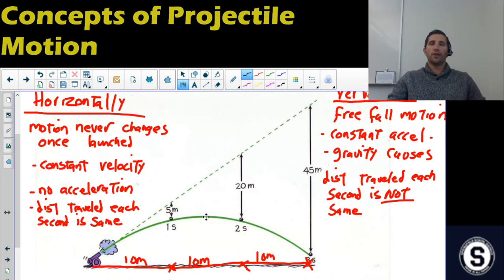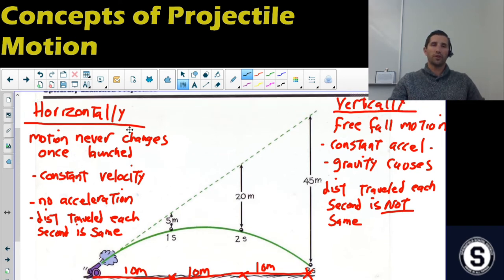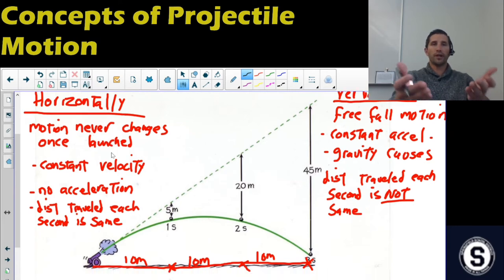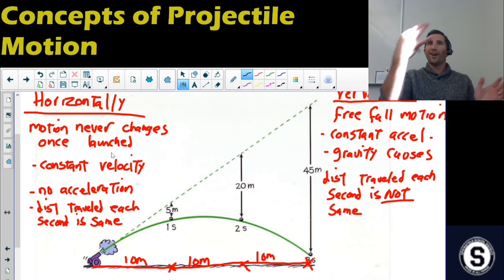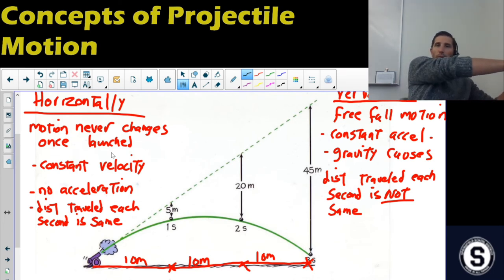So what we need to understand is what's going on with this projectile horizontally and what's going on with this projectile vertically. When we look at it from a horizontal standpoint, once it's launched into the air, its motion doesn't change in a horizontal sense. It's constant velocity. The reason for that is because once it's flying through the air, there's nothing propelling it forward anymore.